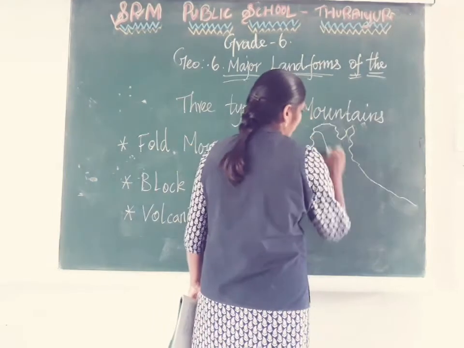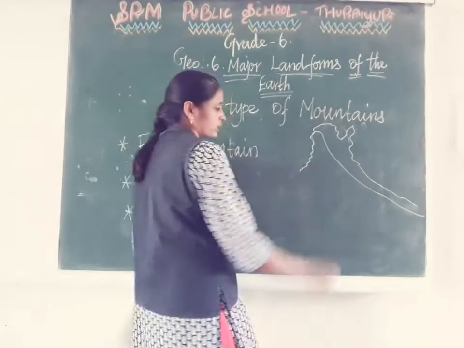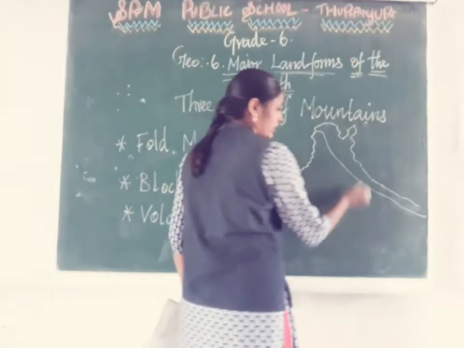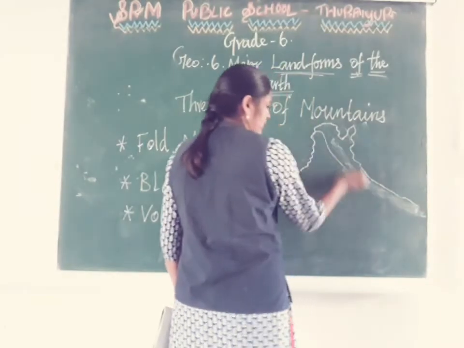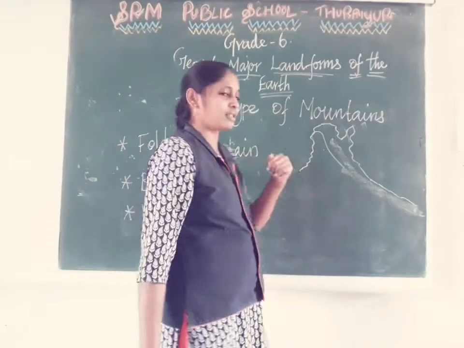So this is the location of the Himalayan mountain. Before the Himalayan mountain was created, we had the Tethys Sea in this place.